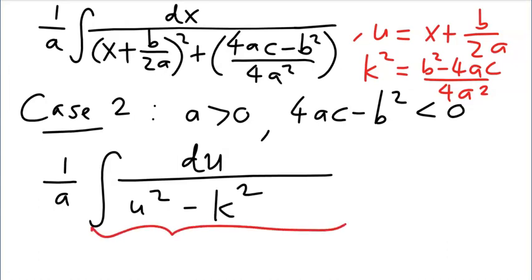The answer for this integral, which is of standard form, is simply 1 over 2k natural log of u minus k over u plus k.